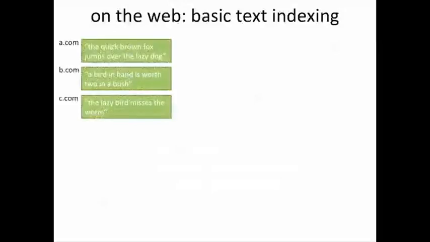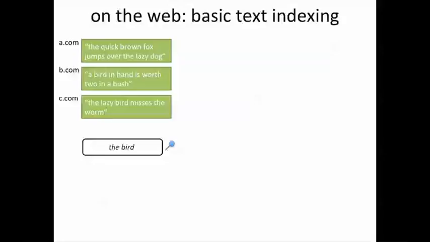Let's suppose we have three documents at three different websites, A.com, B.com, and C.com. In our case, these documents are very simple. And let's consider a situation where we have only three documents. When we type a query into a search box such as fox, we'd like the first document to be returned.